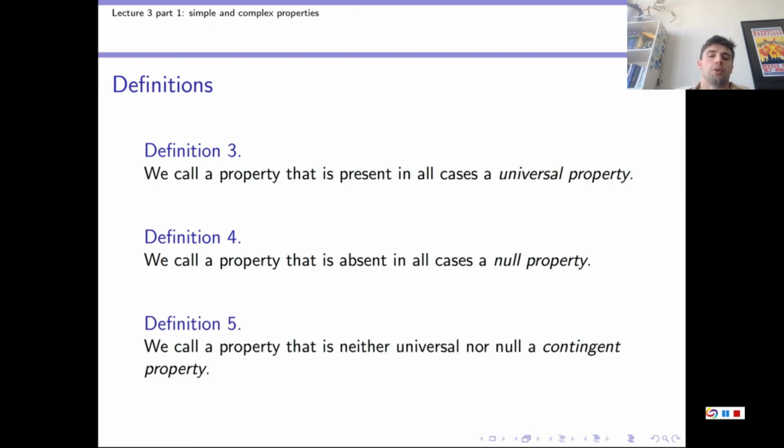And finally, we call a property that's neither universal nor null a contingent property, and this is the same terminology that we had for statements. So to check whether a complex property is universal, null, or contingent, you would construct its presence table, and you would look at the values in the final column and see which ones fit which definition. So here's one last question before we wrap up.